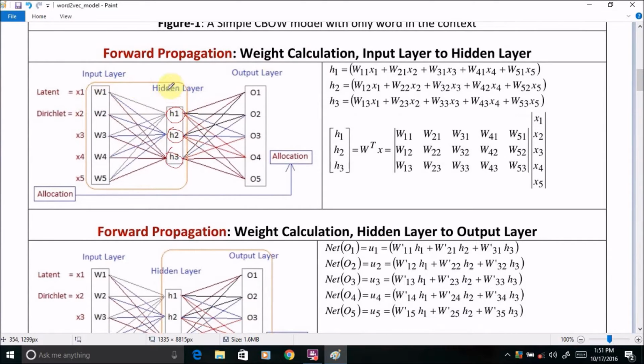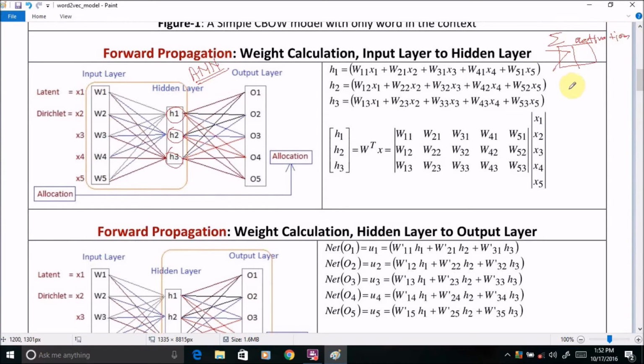Here, different from traditional artificial neural network, we will not use any sigmoid calculation. Actually, in artificial neural network, for each node we use two different calculations. The first is summation, and the second part is the calculation of activation function.